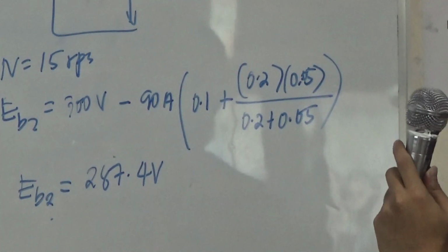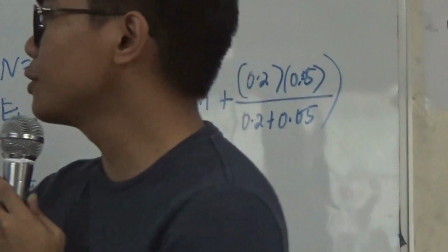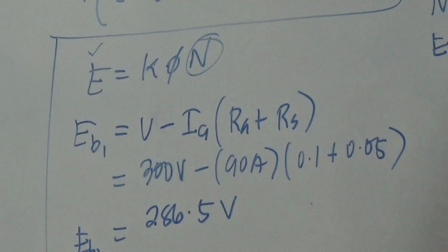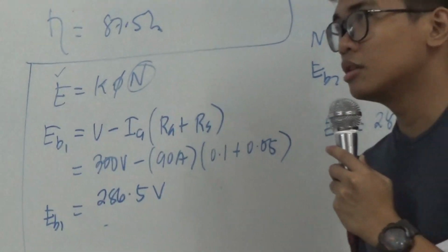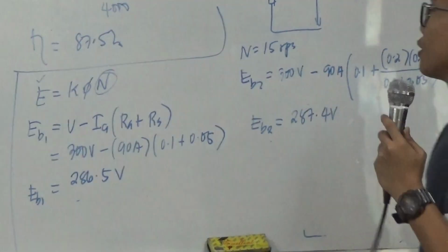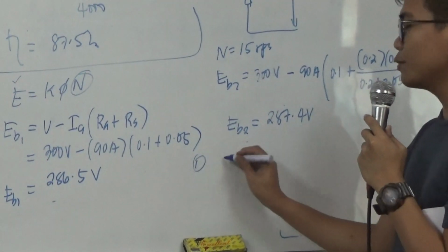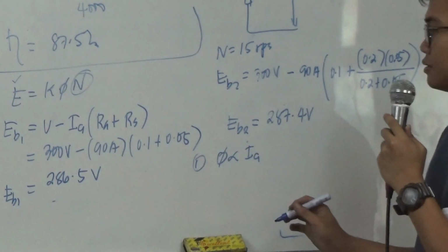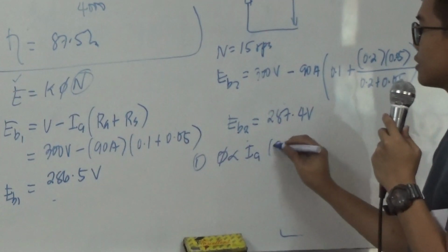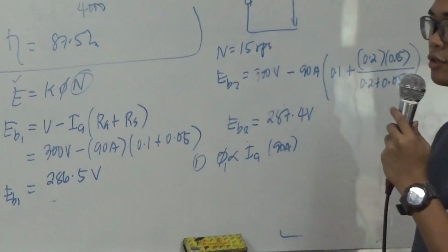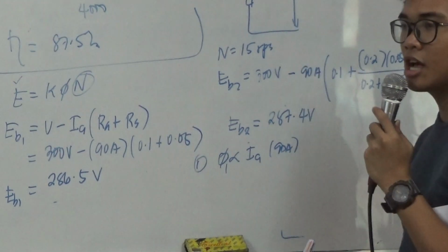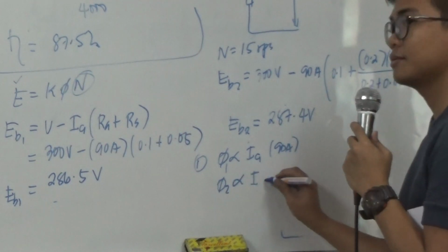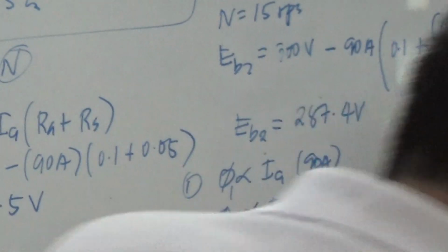Ano pa? So, meron tayong E. Ang hinahanap natin yung speed, no? So, yung field naman, sabi, assume that the flux is proportional to the field current. For the first condition, yung flux mo is proportional siya sa IA, which is 90 amps. For the second condition, may diverter na siya. Proportional siya sa current sa series field or IS.